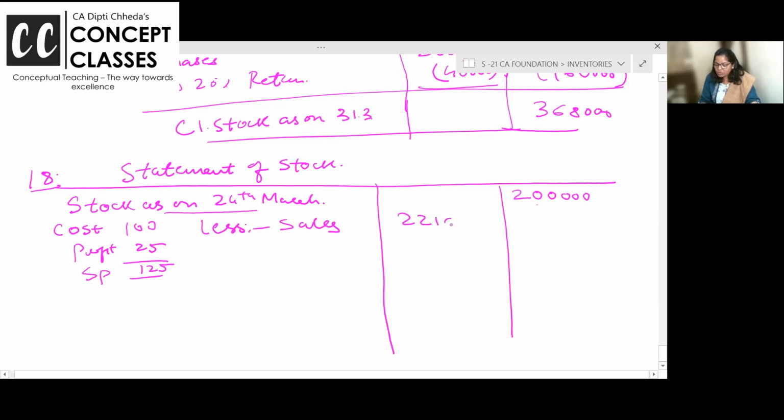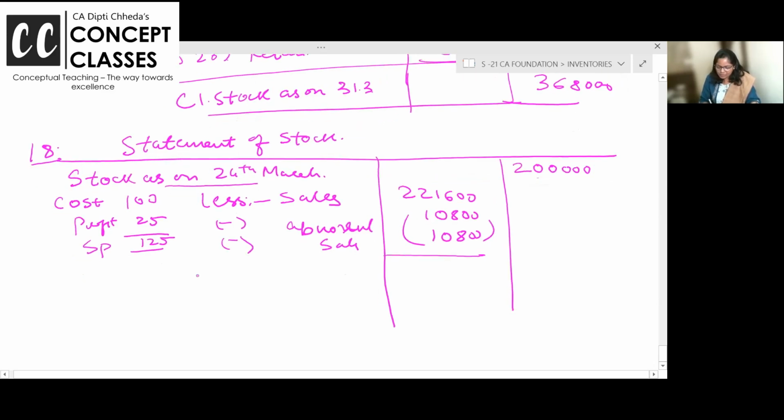Sales 221,600 minus 10,800 and one more 10,800. You minus, saying it is abnormal sales. Remove the abnormal sales. So now what you get, you call it normal sales: 221,600 minus 10,800 minus 10,800, which is 2 lakh.